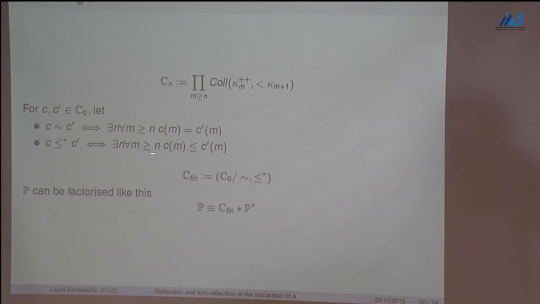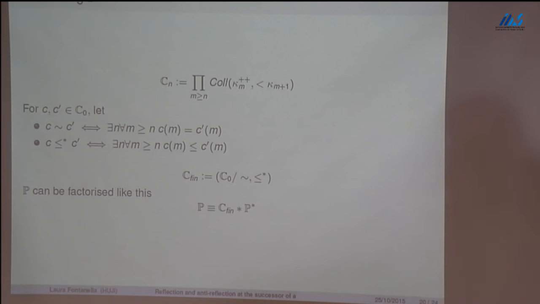That means again that for some n, for every m greater or equal than n, you have that Cm is stronger than C prime m. Okay. Now, given this equivalence relation and this ordering less or equal star, let's call C finite the forcing given by the equivalence classes ordered by this ordering.